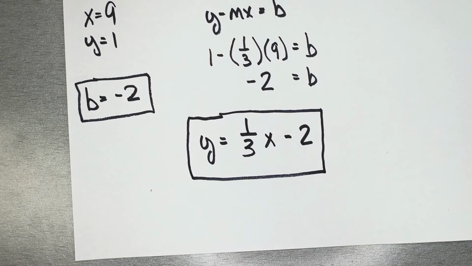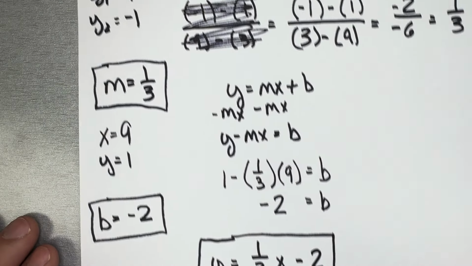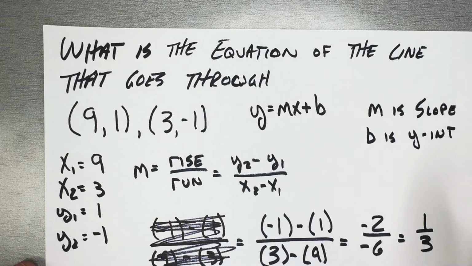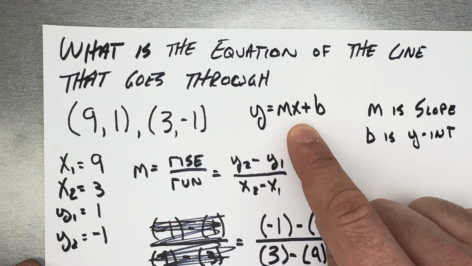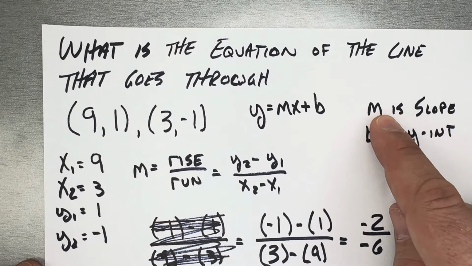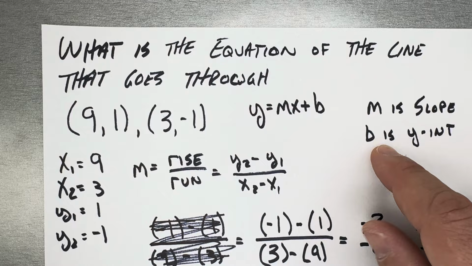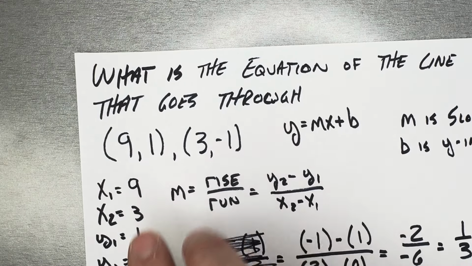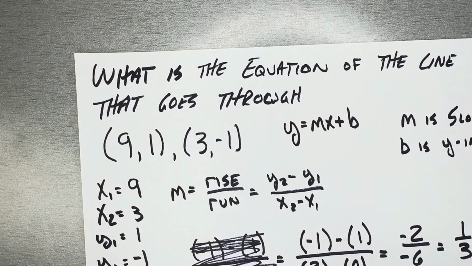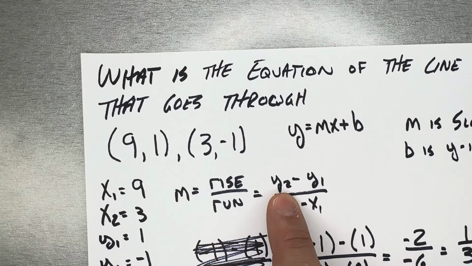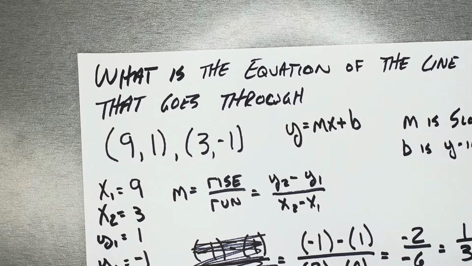So my solution for finding the equation given two points is to start by knowing what my equation needs to look like. I need to know slope and I need to know y-intercept, and all I was given were two points. I used the slope equation, the change in y values over the change in x values.